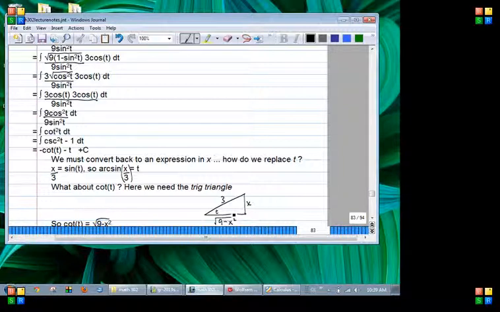In this case, we want cotan t. What is tan t? Tan t is opposite over adjacent. Cotan t is adjacent over opposite. So there's cotan t.